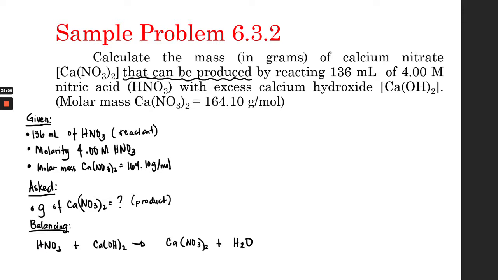Balancing your equation now, you would see that here you have 2 atoms of NO3, but you only have 1 atom of NO3 here. It means you need 2 in front of HNO3. So that gives you 2 atoms of NO3 and 2 atoms of NO3, that checks out.